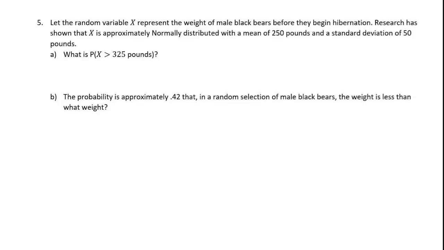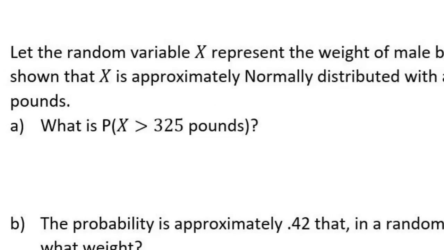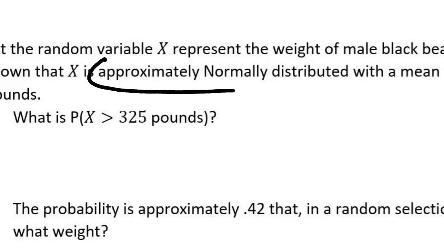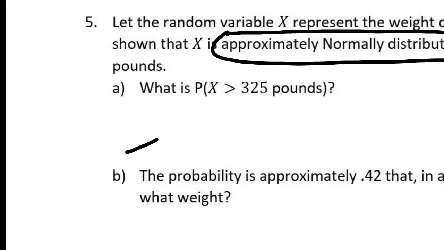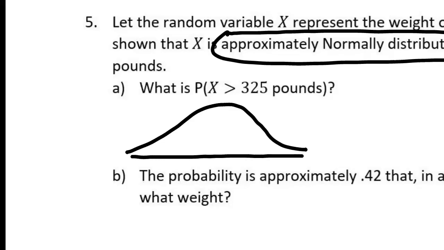Right. Research has shown that X is approximately normally distributed. When you see approximately normally distributed, what should you do? Make a picture. Draw a picture for me. So we have an approximately normal distribution. What things do I put inside the parentheses next to the N?